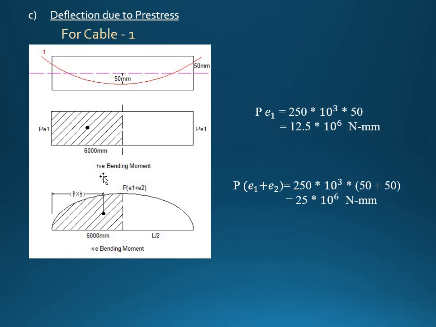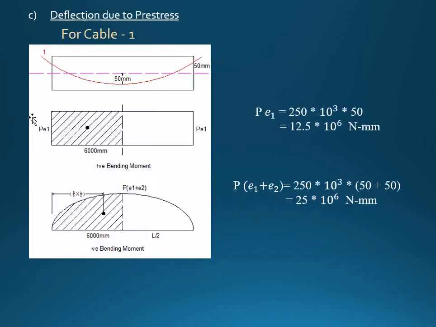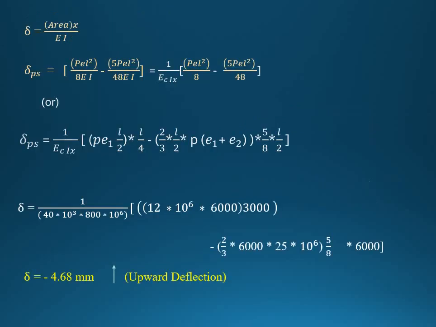As we have got a positive sign here, it is plus of this value. For the next one, that is for a parabolic, it is a negative bending moment, and the formula is 5 PE L square by 48 EI for a parabolic variation.